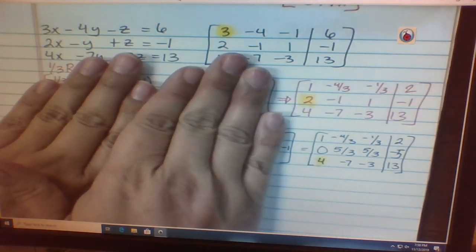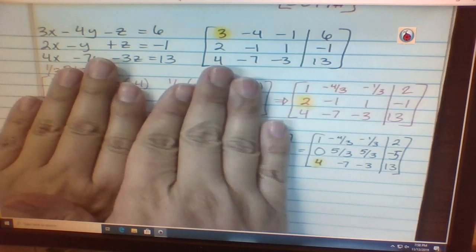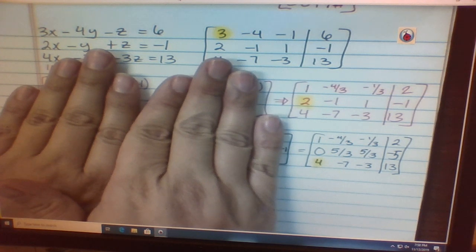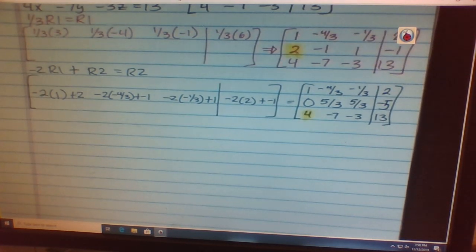This is not required on your test. The only reason we're doing it is to make sure we don't make a mistake. So if you don't put this, it's not going to be wrong. But if you put it, great. It's going to keep you from making careless mistakes. So write down your next equation of what you think is going to happen.